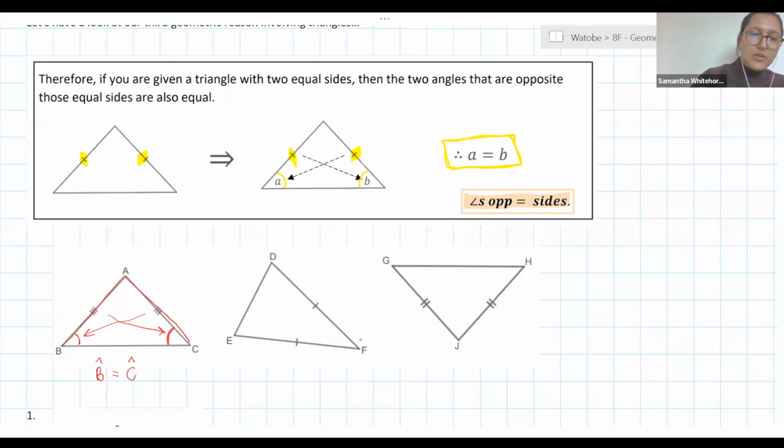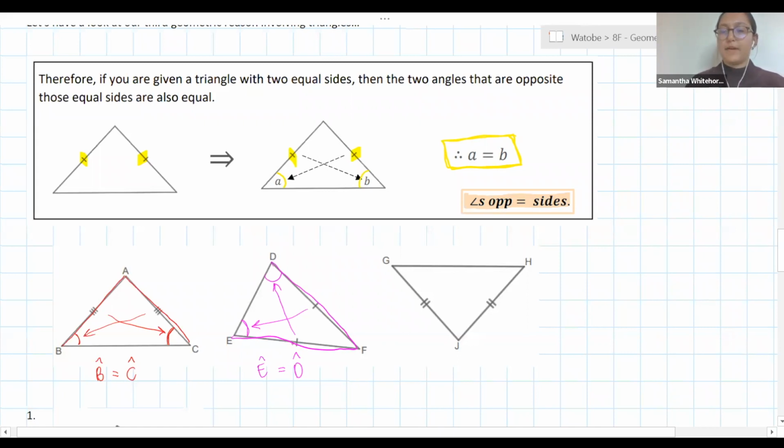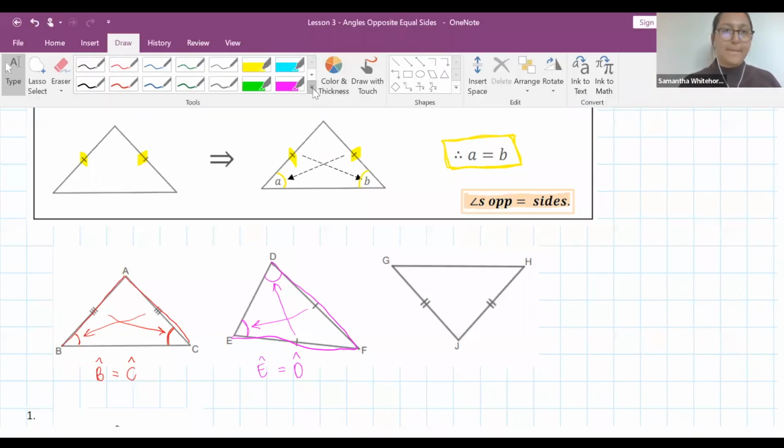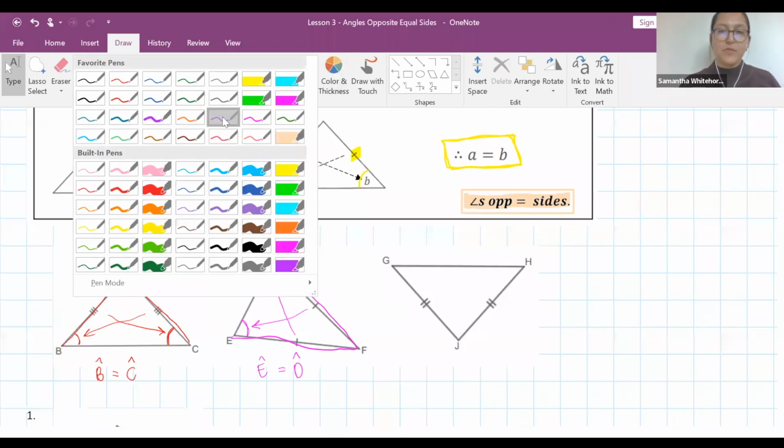Right, guys. If we've been told that sides EF and DF are equal in length, sorry, those are horrible lines, the angles opposite them are equal in size, which means angle E is equal to angle D. What about in the last triangle? Which two angles are equal? Pop it in the chat if you want.